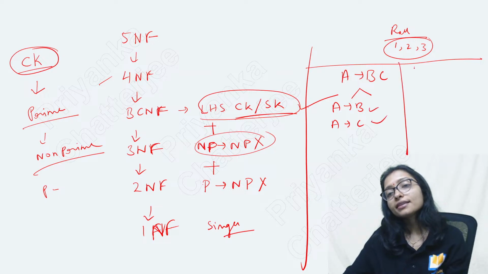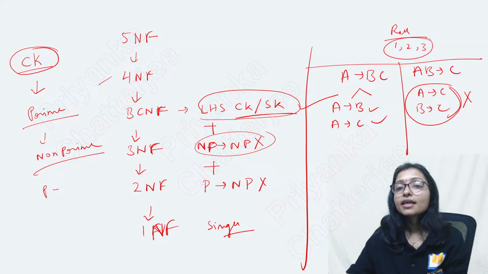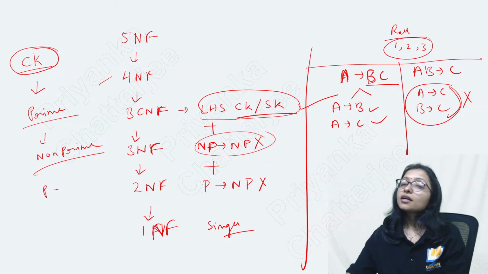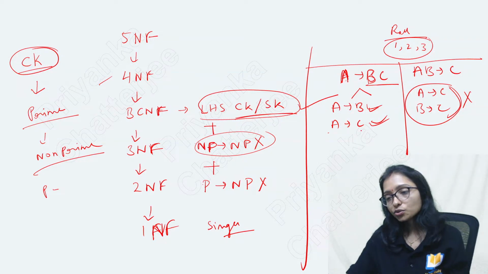But don't think that AB implies C means you can write A implies C and B implies C. This is wrong. Don't do that. Here it means that one mother has two children. So the mother can determine B, and the mother can determine another child also.